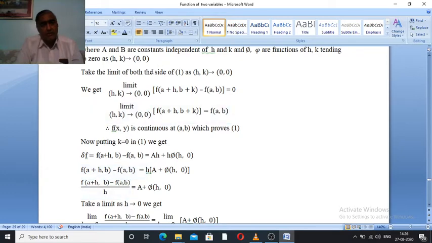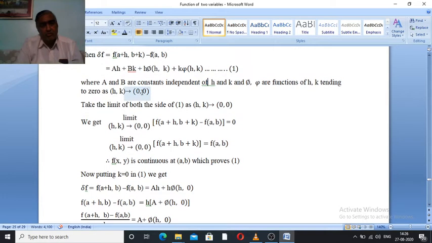Take the limit of both sides of equation 1 as (h,k) tends to (0,0). We get, limit as (h,k) tends to (0,0) of f(a+h, b+k) minus f(a,b) is equal to the limit of this expression. Here h, k tend to 0, therefore here 0, here 0, here 0, here 0. Therefore the right hand side is totally 0.